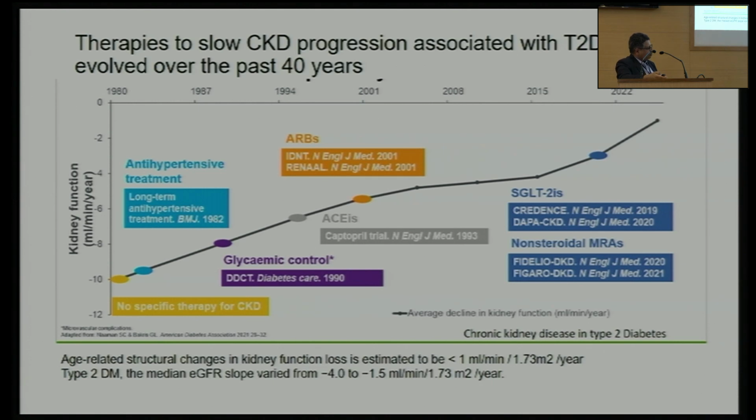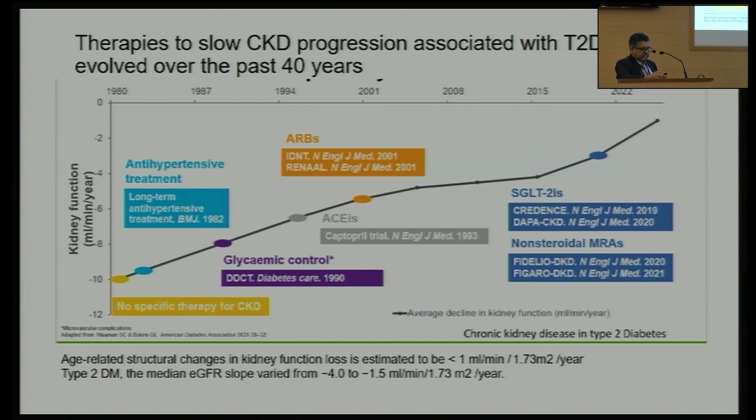Usually CKD progression happens at 1, 2 or 3 ml per minute per year reduction in the GFR. But when the GFR declines very rapidly, beyond 5 ml, we call it rapid progression.